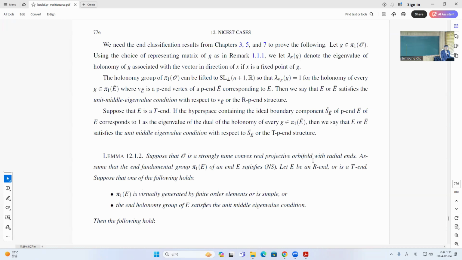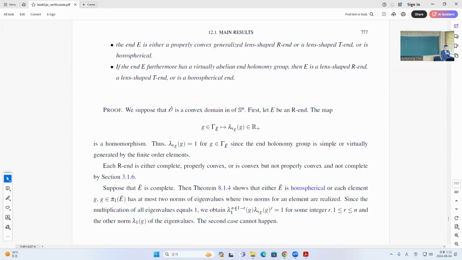So this lemma is that if you have a real projective orbifold with radial end, I should say it's R^n or T^n, sorry, that was a mistake. And it satisfies NS, and this E is R^n or T^n, and the fundamental group is virtually generated by finite order elements, or is simple, or it satisfies the unit middle eigenvalue condition.